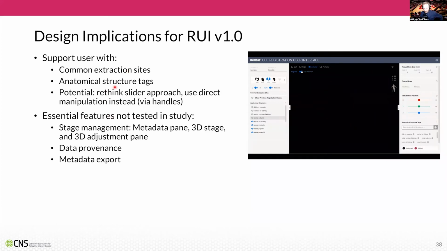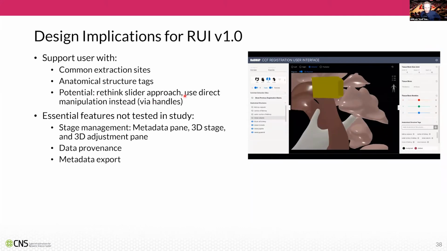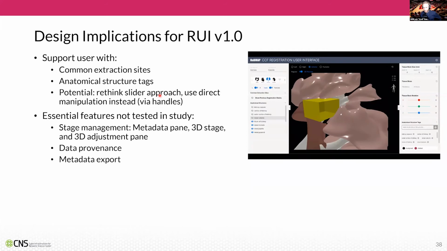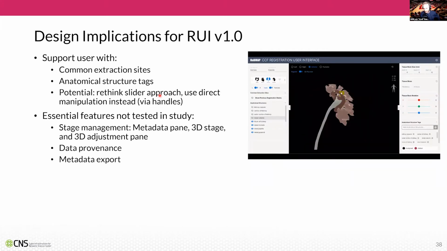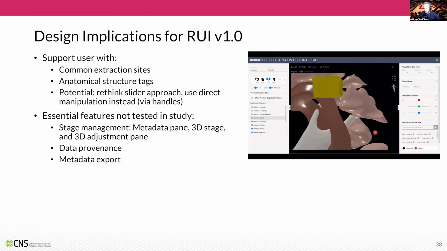Another thing that we may want to consider at some point is to rethink the slider approach and go to something more direct, like handles around the 3D object, as is common in 3D modeling software. Alternatively, we could think about adding a text input.